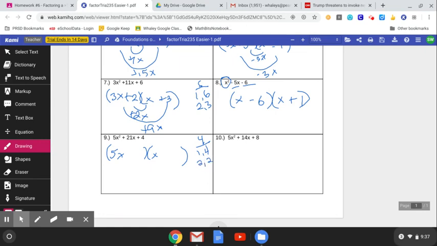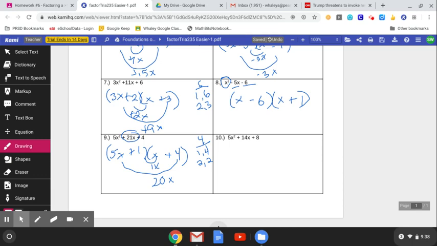I can already see, since I need to get 21 in the middle, I've got to create some big numbers, and I can do that by putting the 4 here, because that'll give me 20x, and the 1 here will give me 1x. 1x and 20x is going to give me 21x. So plus 1, plus 4: 5x plus 1 and x plus 4. And we've got ourselves the factors.